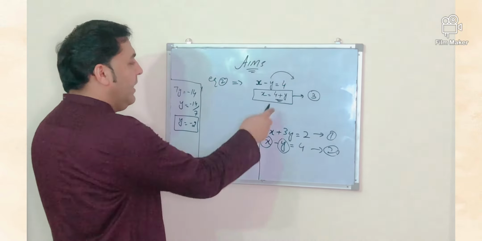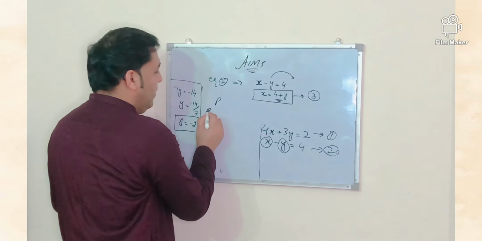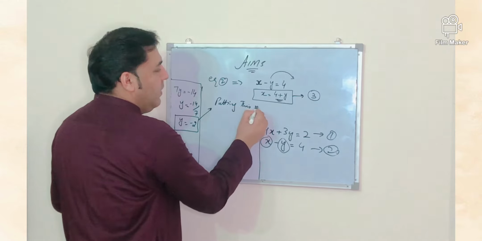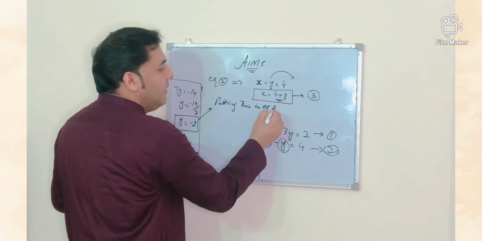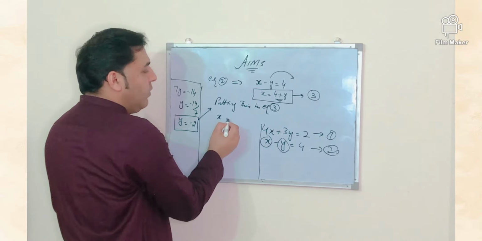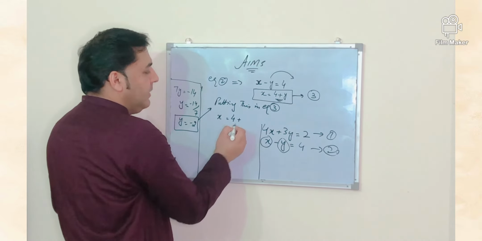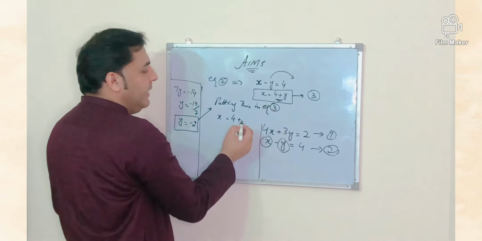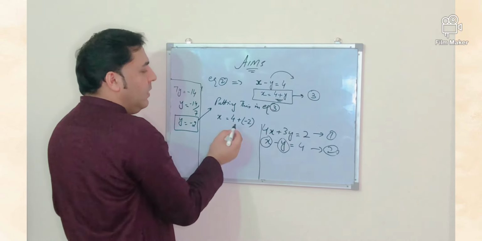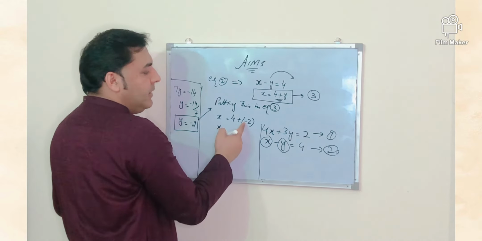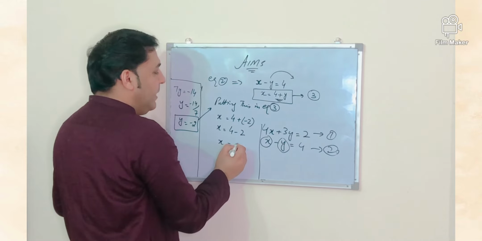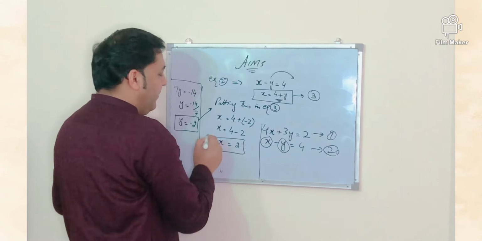When I put the y value in equation number 3, x will become equal to 4 plus the value of y, which is minus 2. Instead of y, I am writing minus 2. x equal to 4 plus into minus is minus, 4 minus 2. x will become 2.